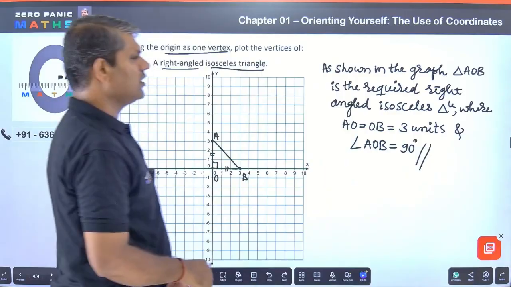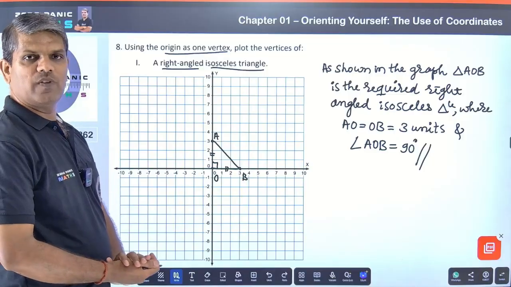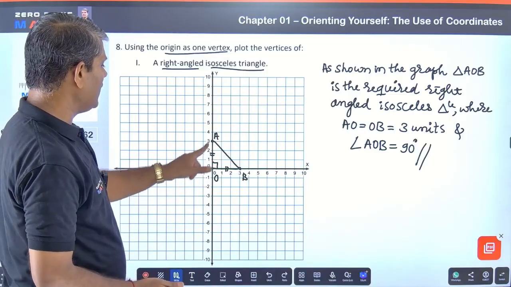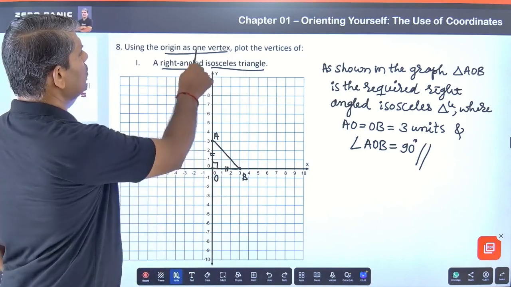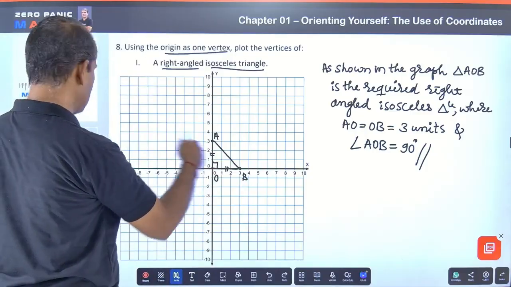So this is the solution for the first question of the eighth problem. You understood this? Right angle isosceles triangle using origin as one of the vertices.